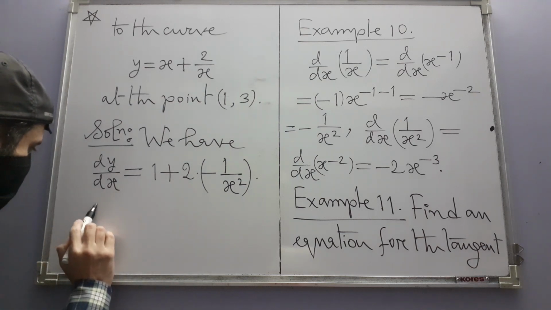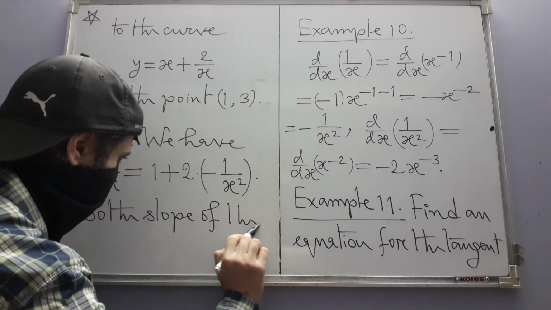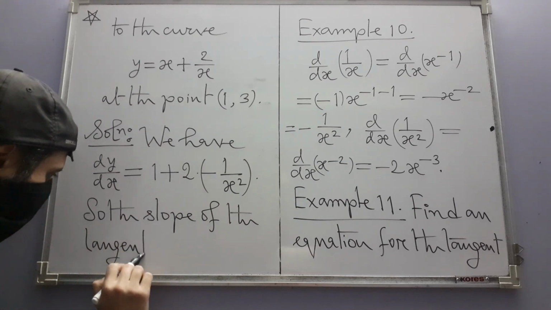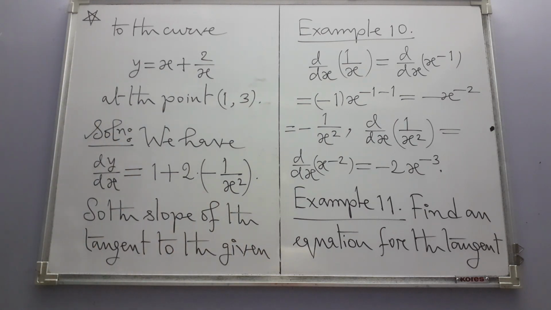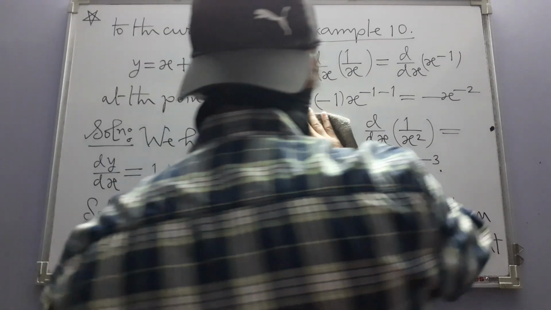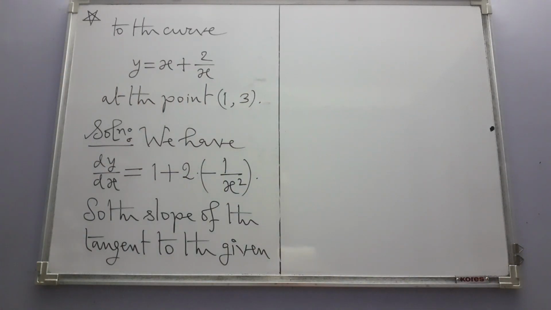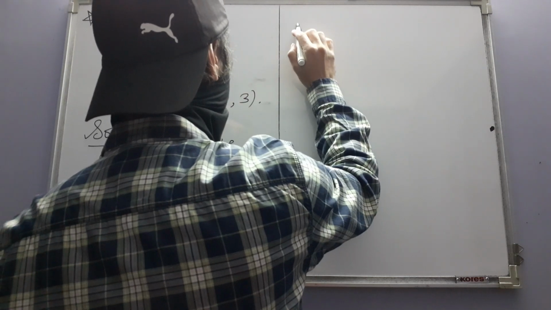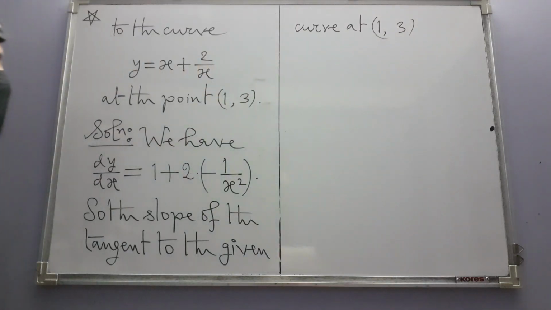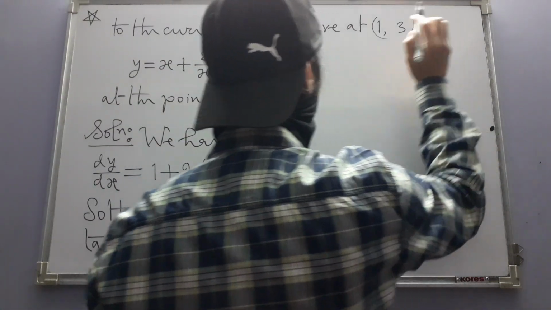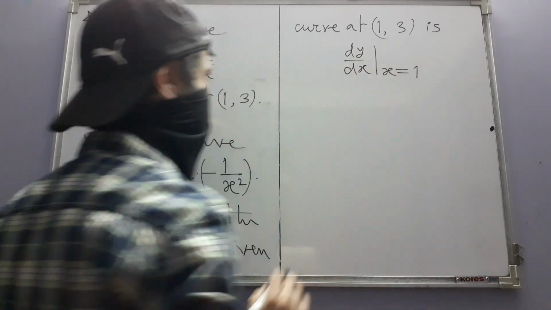So from this we can write, the slope of the tangent to the given curve at the point 1 comma 3 is dy dx evaluated at x equal to 1.